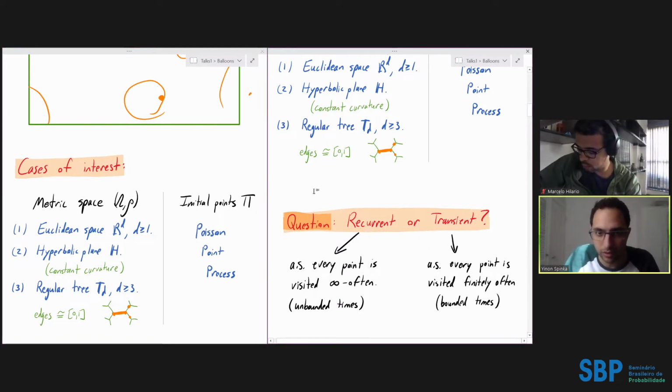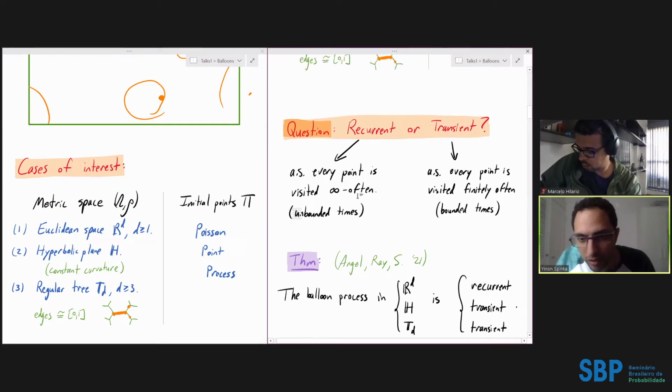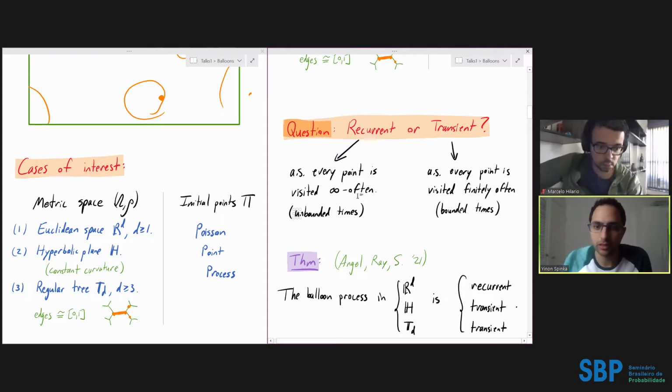All right, so here's our main result. The main result is that in R^d, in any dimension, this process is recurrent, whereas in the hyperbolic plane and regular trees, with any degree and any curvature for the hyperbolic plane, this is transient.